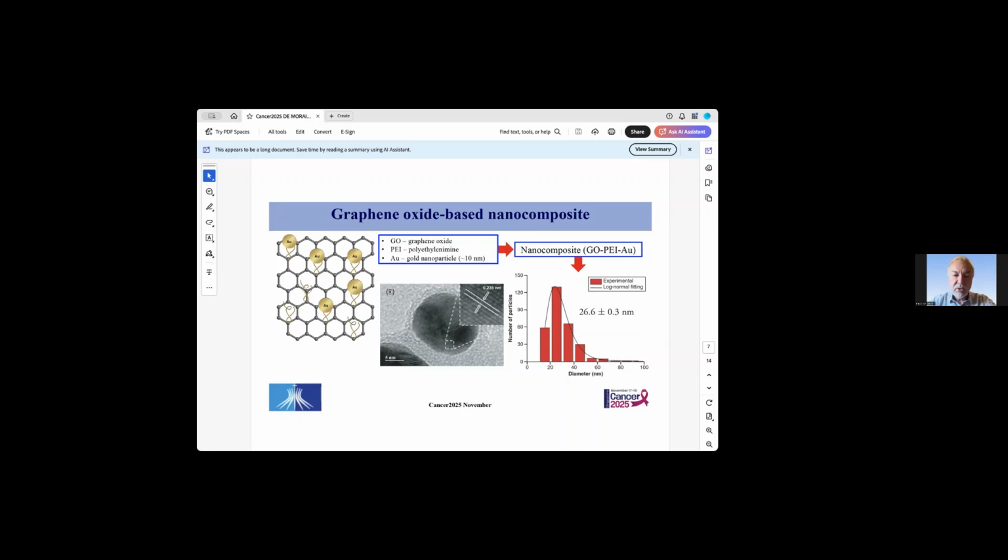For instance, in the middle of my slide you can see the high resolution transmission electron microscopy of the gold nanoparticles, showing the typical plane distance characteristic of gold, about 2.35 angstroms. On the right-hand side, you can see the particle size histogram of the nanocomposite, which has an average size of about 27 nanometers.